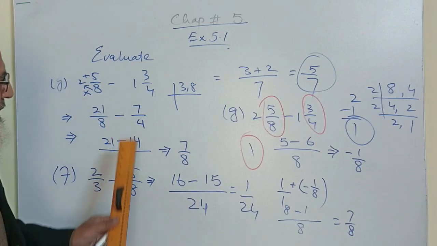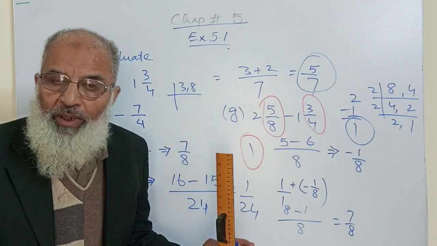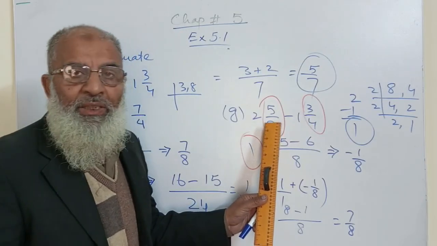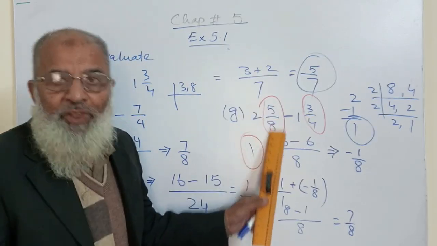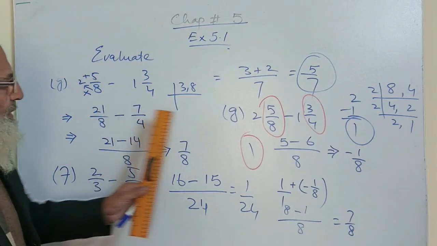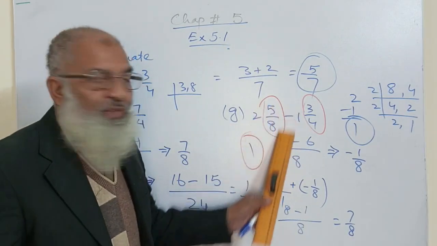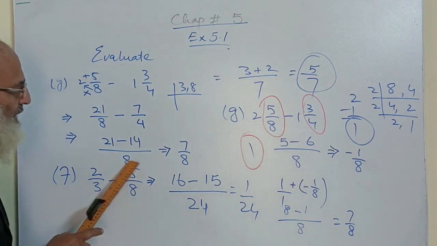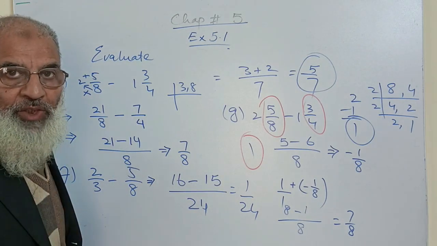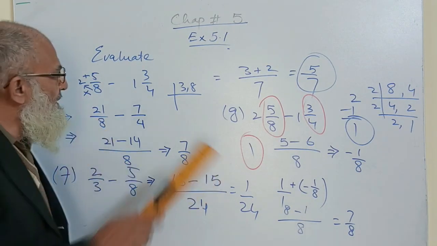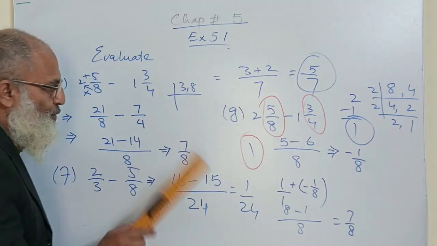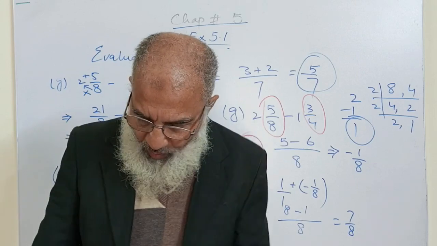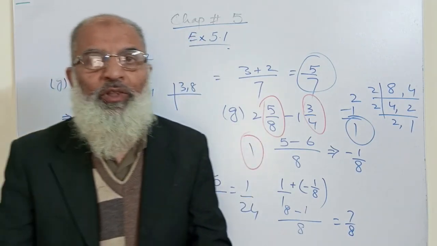The first question which I raised was with common denominators, then a question with two denominators and mixed fractions, and a question with numbers for which we cannot get a straight LCM. So three types of questions I did in question number 1. So I am going to proceed to question number 2 now.